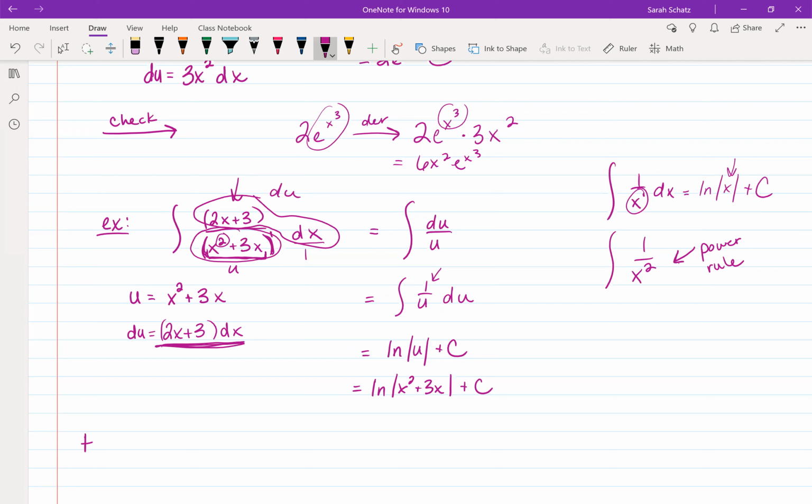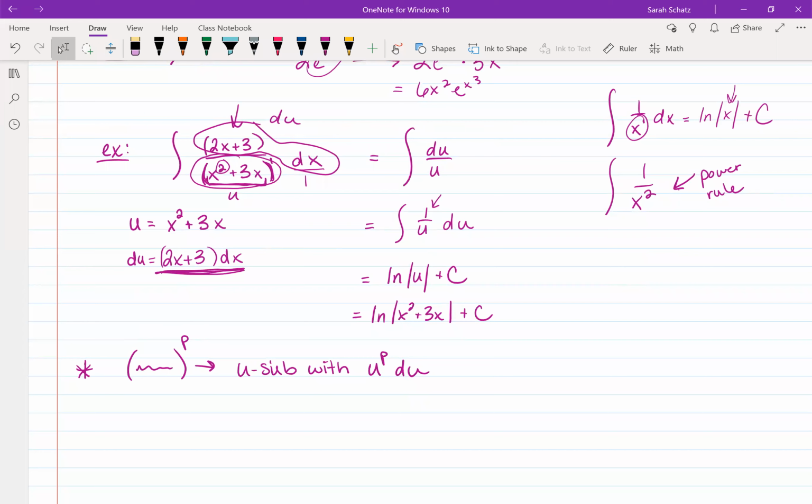So just as a recap, you've got stuff raised to a power. This is a u sub. And it's going to turn into u raised to a power du. So you know what you're looking for as far as the form goes when you rewrite.